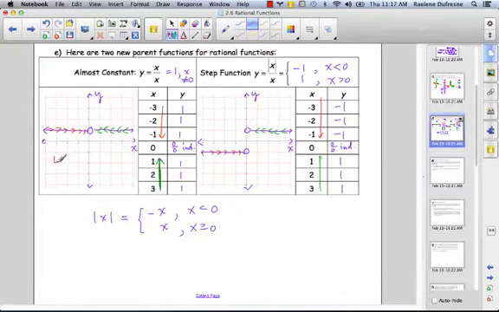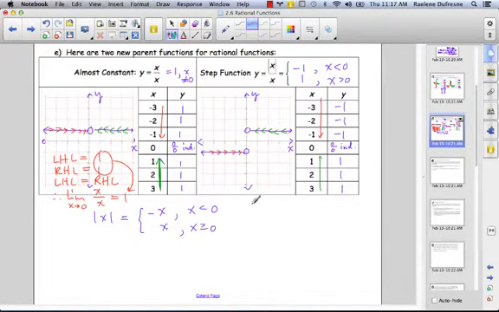I'm going to write that the left-hand limit equals 1, and the right-hand limit equals 1. The left-hand limit equals the right-hand limit, and therefore the limit as x approaches 0 of x over x equals the same value that the two one-sided limits were equal to.